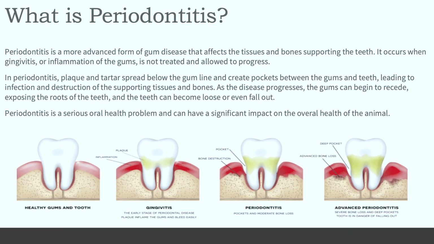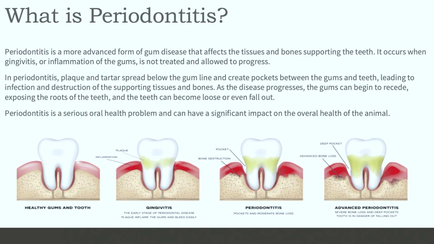So, when we talk about periodontitis, it is a more advanced form of gum disease that affects the tissues and bones supporting the teeth. It occurs when gingivitis or inflammation is not treated and is allowed to progress further.